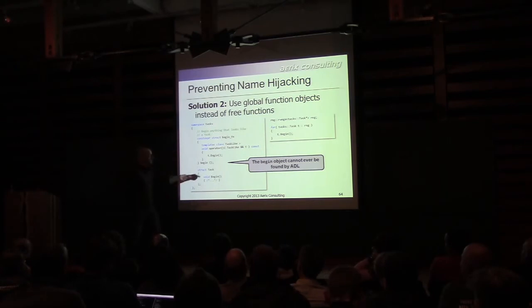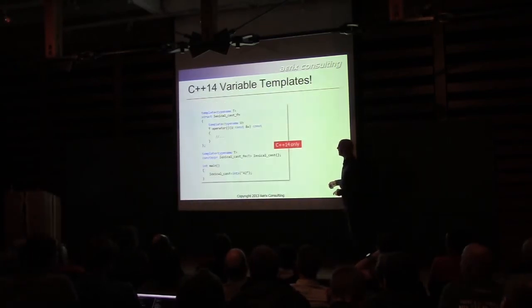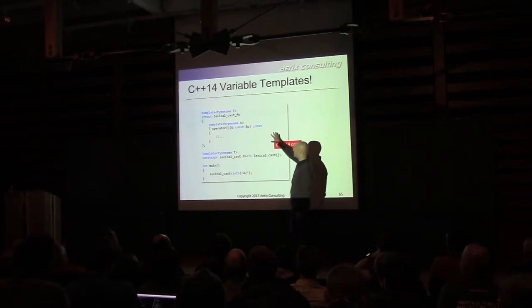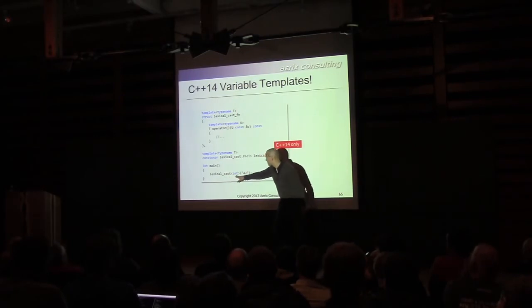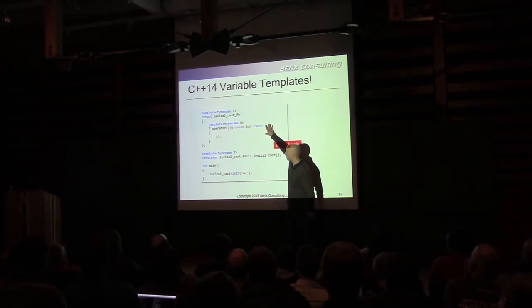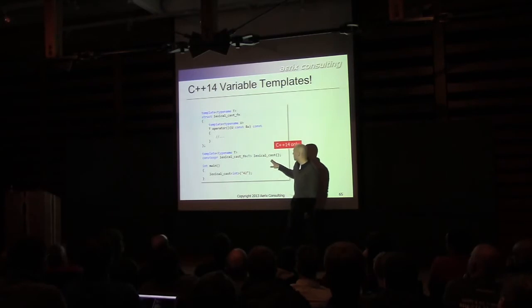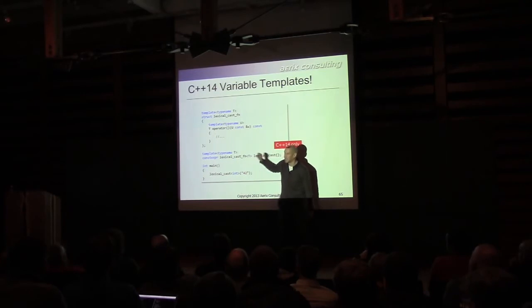Yeah. So the begin object can't ever be found by ADL. Okay. So variable templates. Say you want to say lexical cast int 42, as in Boost lexical cast. Well, in C++14, you could actually do that with what's called a variable template. This is an object, lexical cast, but its type is a template instantiation.